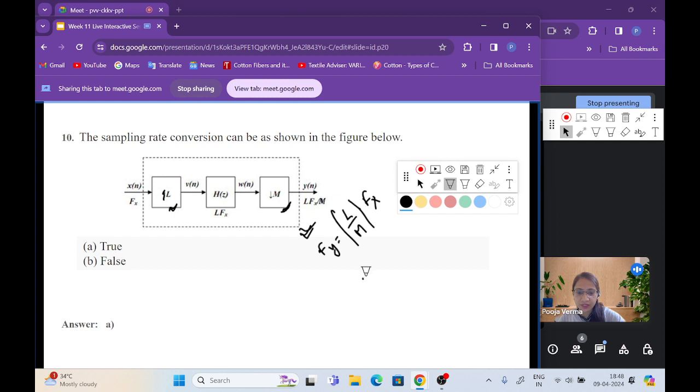We have studied I by D, but here the interpolator factor is given by L and the decimator factor is given by M. So L by M into Fx, that is the input signal. So this diagram is related to a sampling rate conversion system. So true, this statement is true.